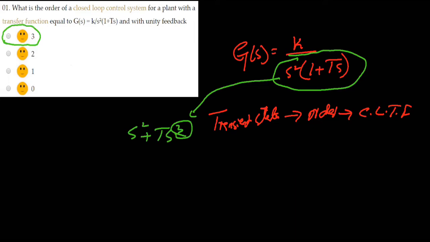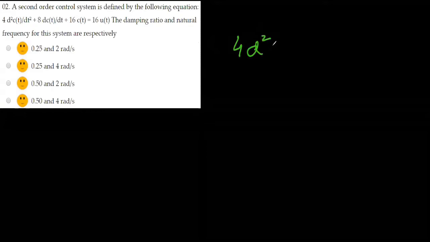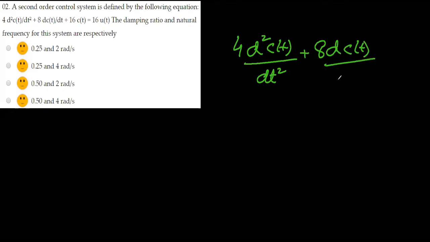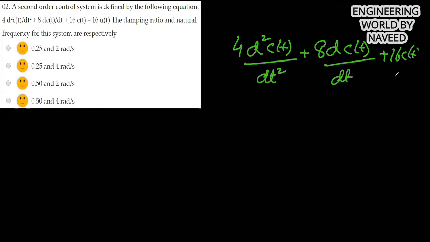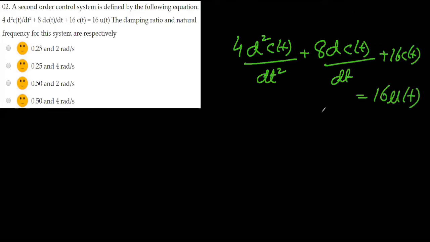Okay, next MCQ is, a second order control system is defined by the following equation: 4 d square c(t) divided by dt square plus 8 dc(t) divided by dt plus 16 c(t) is equal to 16 u(t).